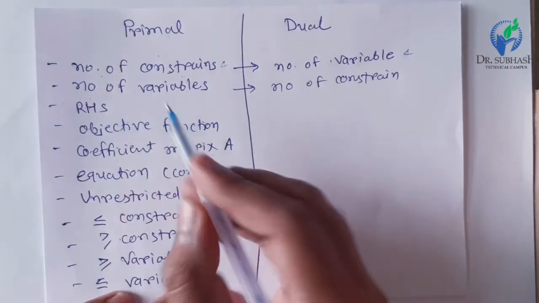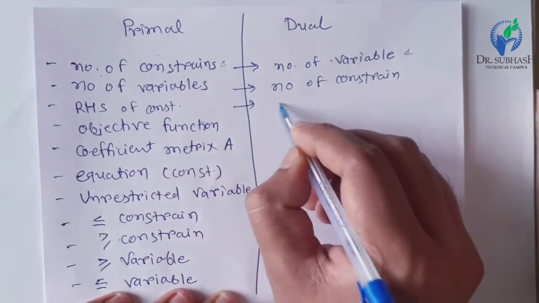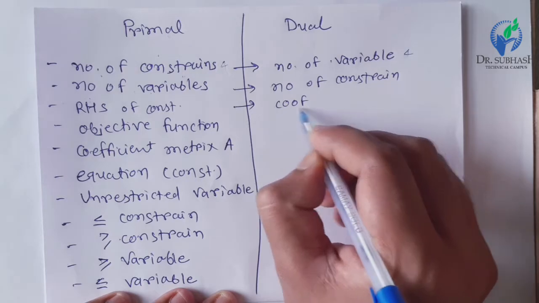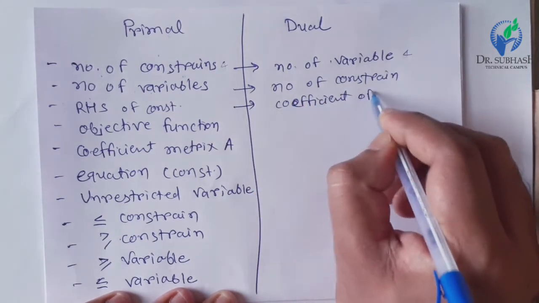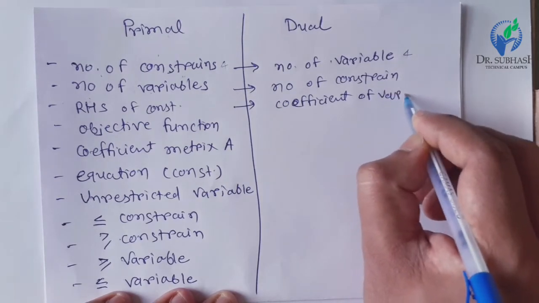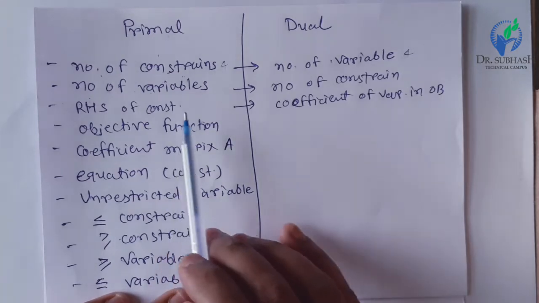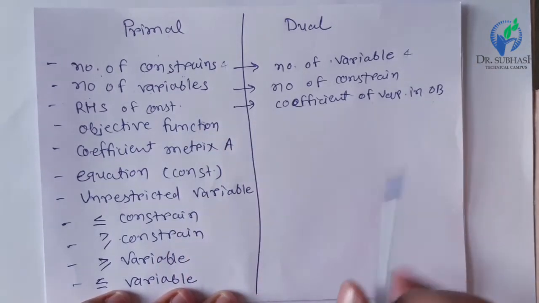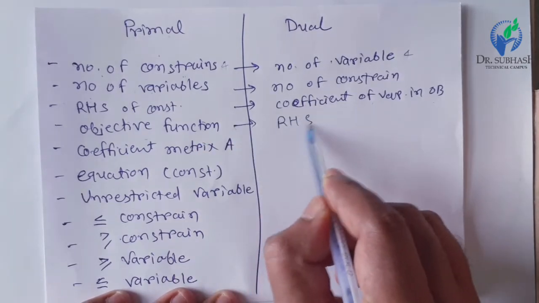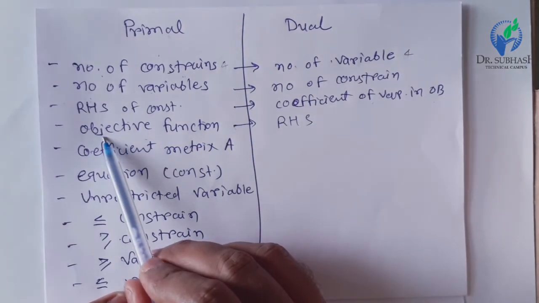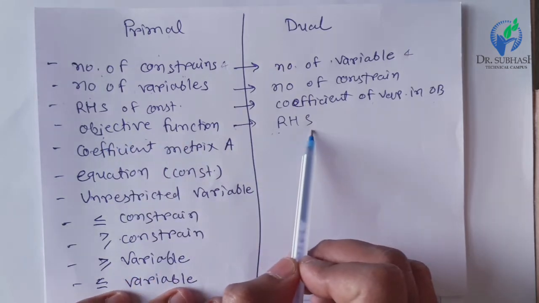Now the right hand side of the constraint will be the coefficient of the variable in the objective function, and vice versa: the coefficient of the variable in the objective function will become the right hand side of the constraint.